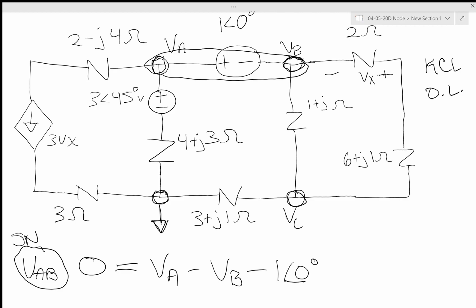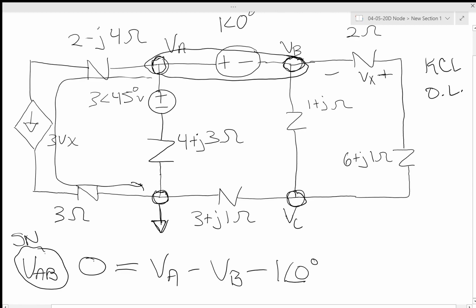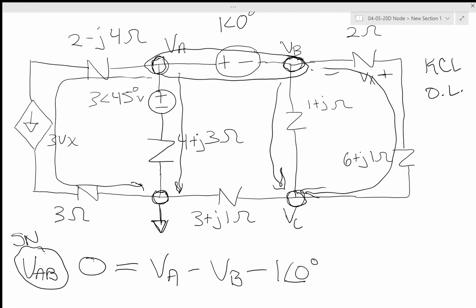All right, now then, the second VAB equation is going to consist of all the currents that come out of this supernode. And as Robert pointed out, I left off the VC on the other video. So we're going to write the first equation.